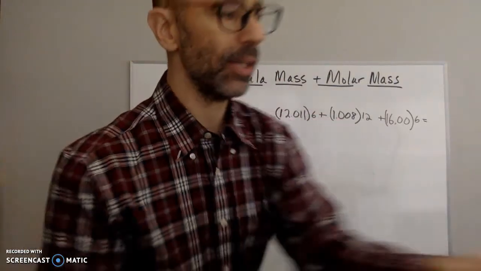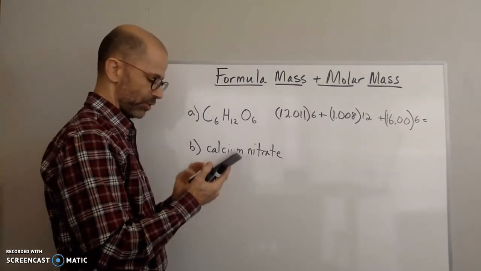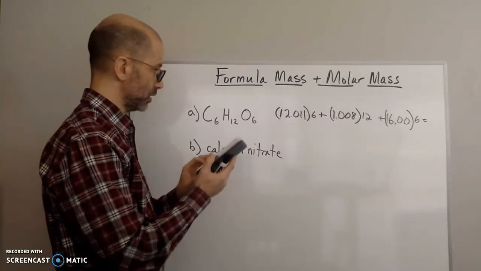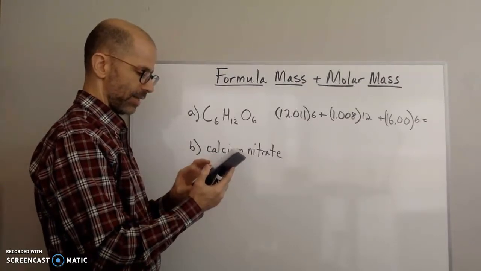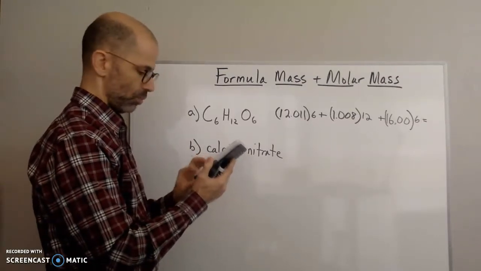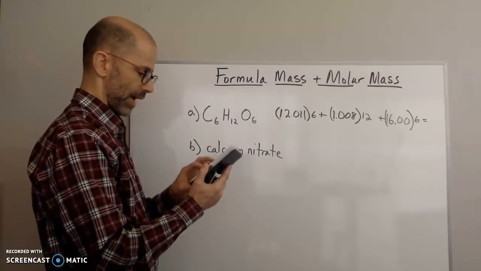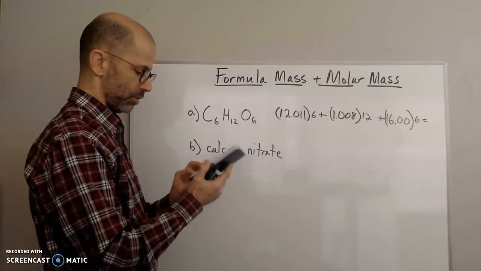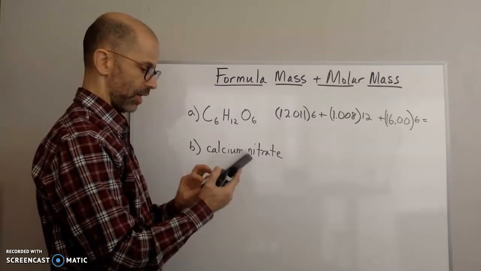So if I calculate that on my calculator, I have 12.011 times 6. I'm going to add to that 1.008 times 12, and then I'm going to add to that 16.00 times 6. And then equals.